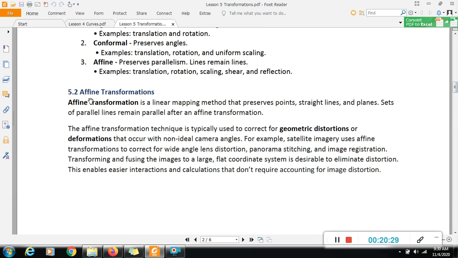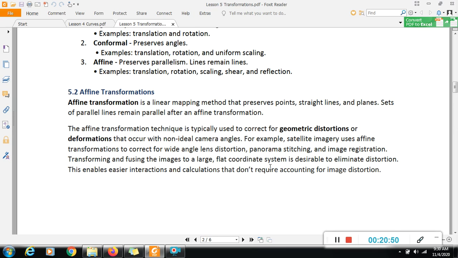This leads us now to a better understanding of this particular subtopic on affine transformation, which is a linear mapping method that preserves points, straight lines, and planes. Sets of parallel lines remain parallel after an affine transformation. The affine transformation technique is typically used to correct for geometric distortions or deformations that occur with non-ideal camera angles.